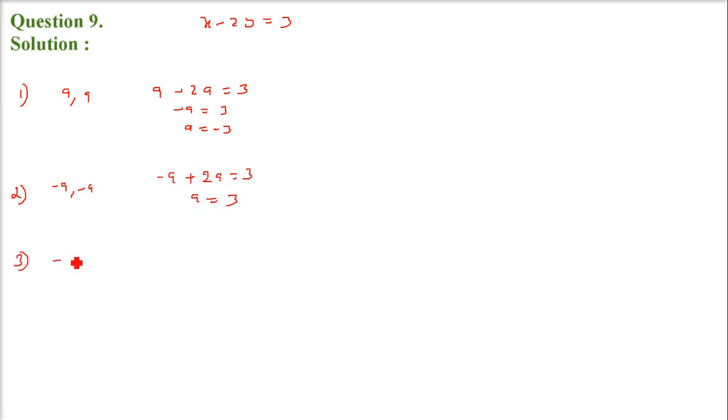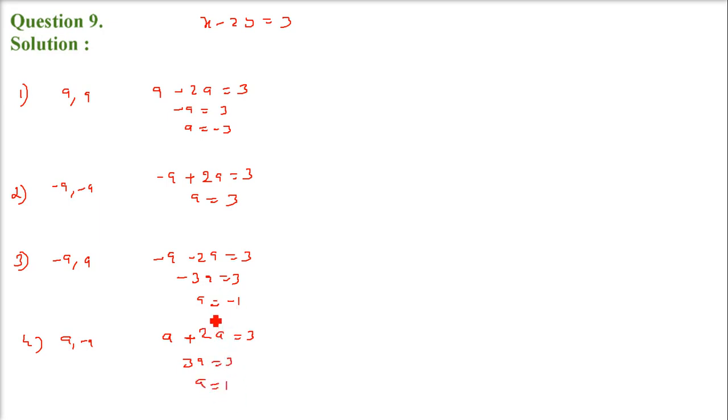Third situation, (-a, a): minus a minus 2a equals 3, minus 3a equals 3, a is minus 1. Fourth condition, (a, -a): a plus 2a, so 3a equals 3, a is 1.